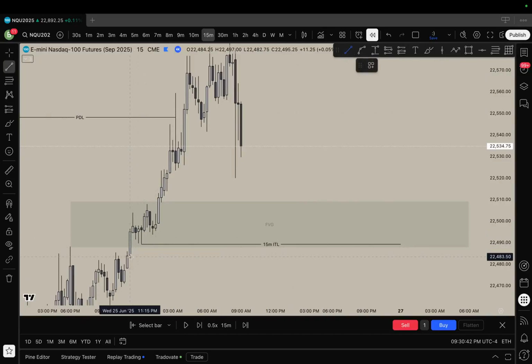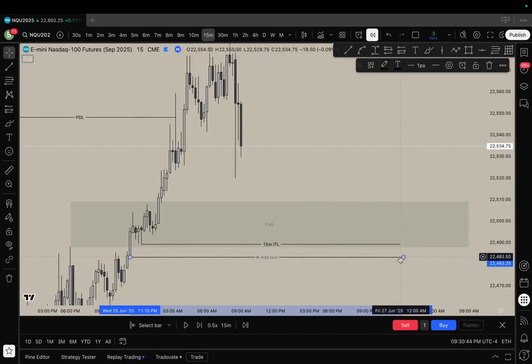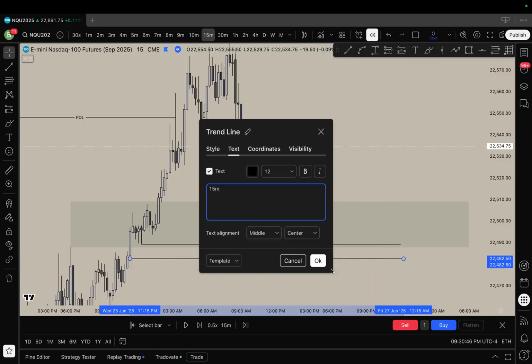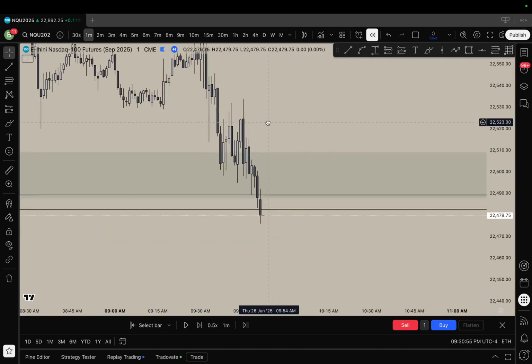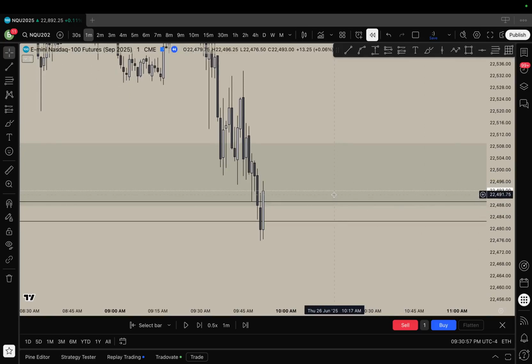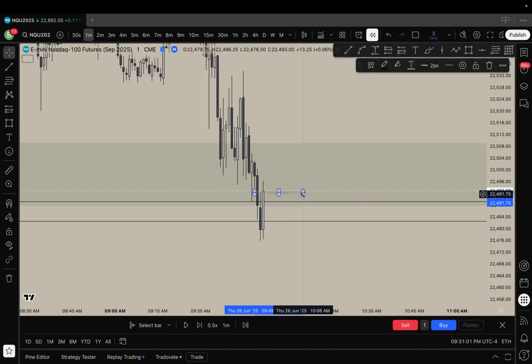We also have this unmitigated 15-minute gap right here as well. So two areas, right? From here, we see price trade lower at open, tap into that, and then from here we end up taking out this, and then we get a lower time frame confirmation that price wants to go higher in the form of this 1-minute bearish fair value gap.